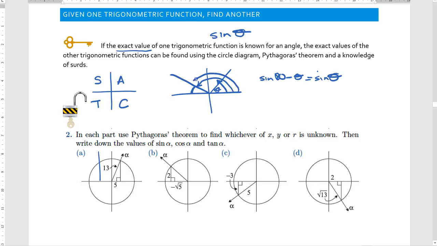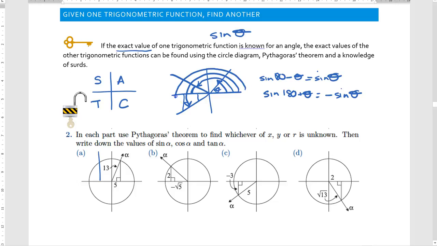If I go into the third quadrant with my theta, then sine of 180 plus theta works out to be minus sine theta, because in this third quadrant the y value is negative, the ratio is unchanged, and theta, the angle to the horizontal, is this little bit.